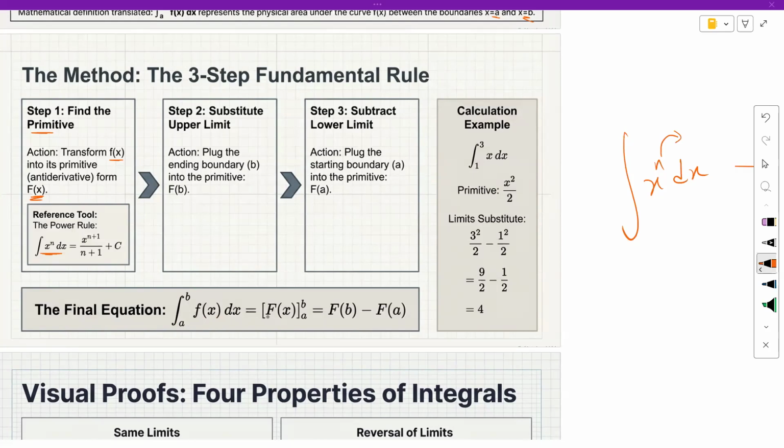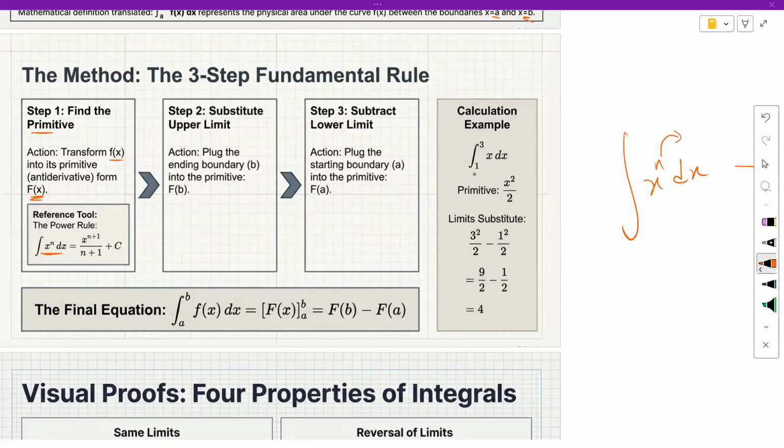If you remove the integration and the upper and lower limits, it becomes F(b) minus F(a).